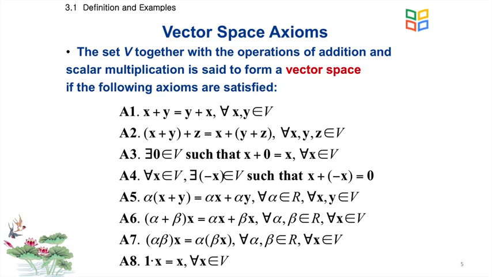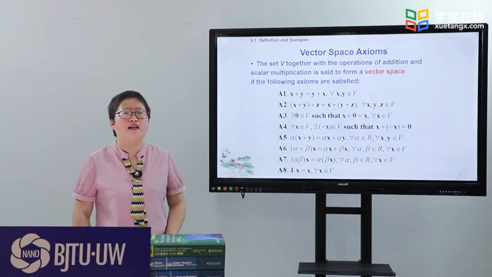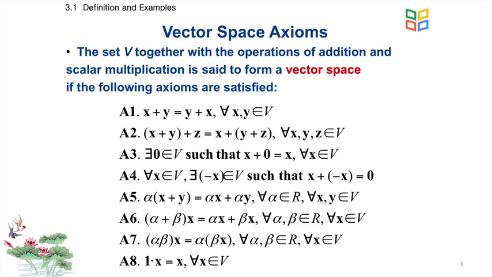And axiom 3 requires that there exists a zero vector in this set such that for any X in this set, X plus the zero vector equals X. And axiom 4 requires that for any X belonging to V, there exists a minus X belonging to V such that X plus minus X equals 0.